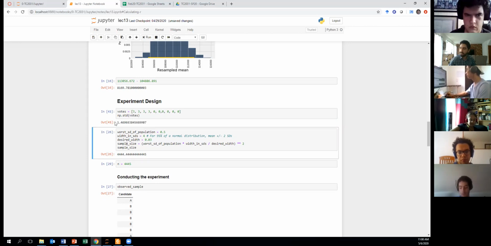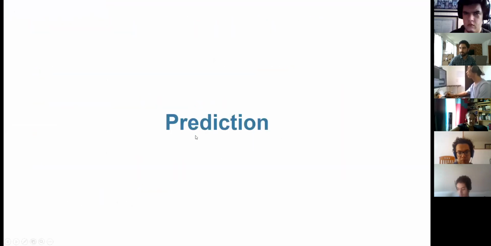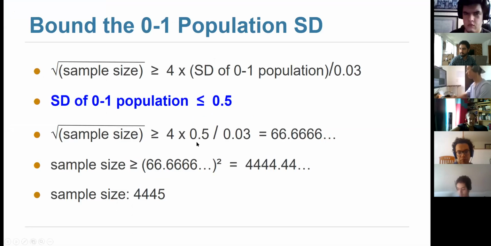So maybe you can take that 1.5, put it in your equation, and see what population you need. This would be the 1.5 here. So it can be done. Or is there a better way to do it?